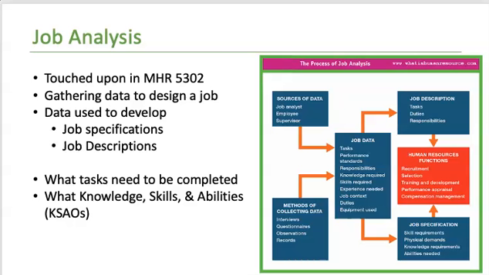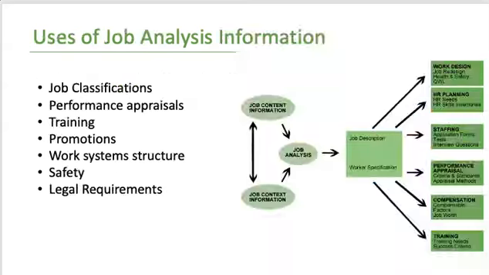This is the information we divide into tasks, duties, and responsibilities, those three things. For the job description and performance appraisals, we use the data in our recruitment and selection processes, training and development, and compensation management as well. Information from job analyses is used in job descriptions and also in forms.